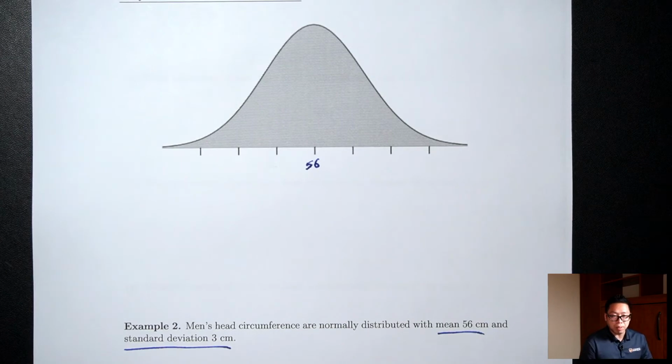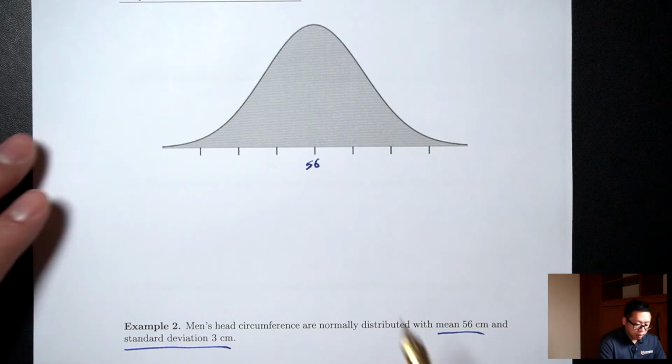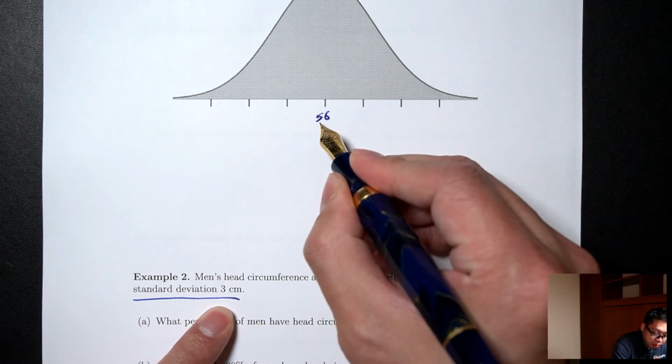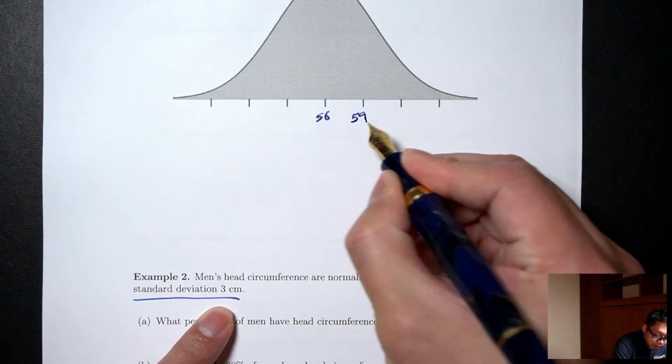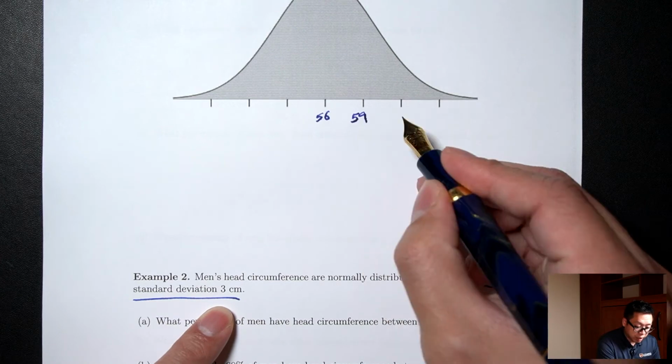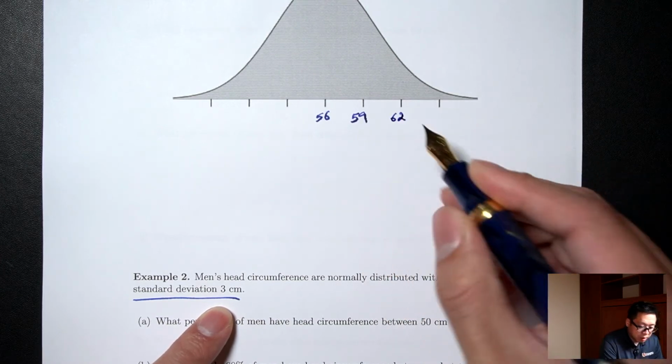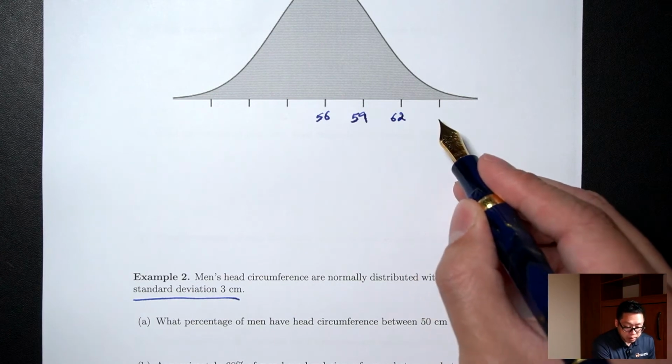Going up means add on the standard deviation. 56 plus 3, that's 59. Plus the standard deviation again, so plus 3 again, 62. Plus 3 one more time, 65.